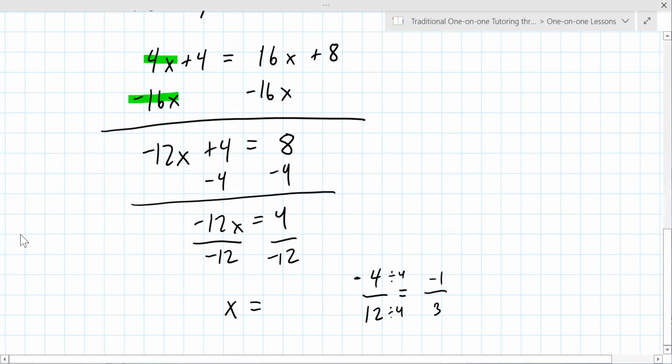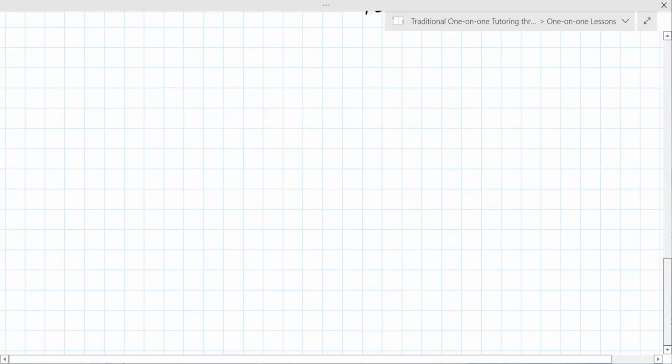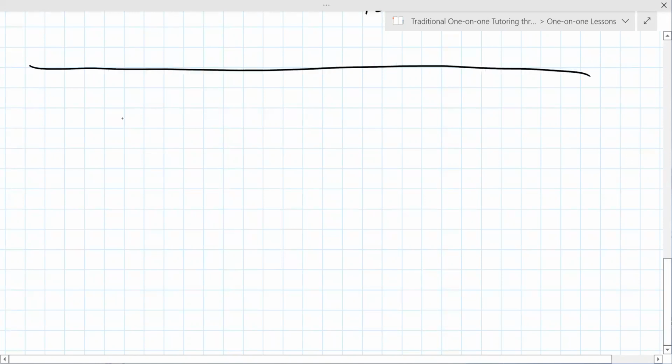You ready to try a problem like this on your own? Okay, it's going to be just like it, not going to make it any more difficult. Go ahead and solve this one on your own, please.